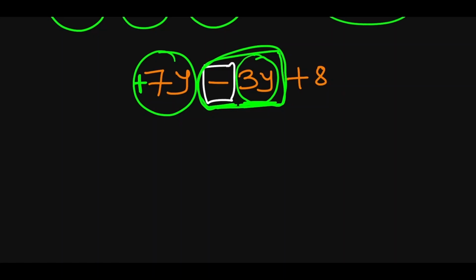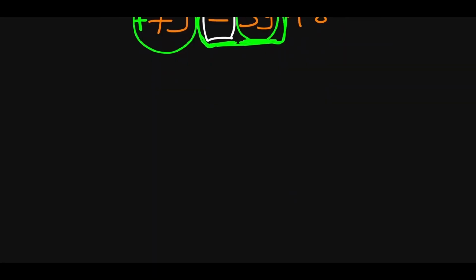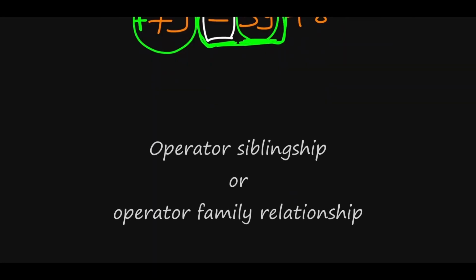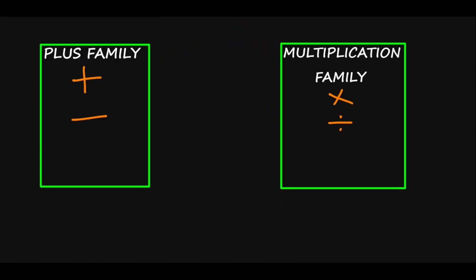The second thing you must know is what I call operator or sign siblingship, or operator families. As you can see on your screen, we have two families we will talk about, the plus family and the multiplication family. The plus family has plus and minus.